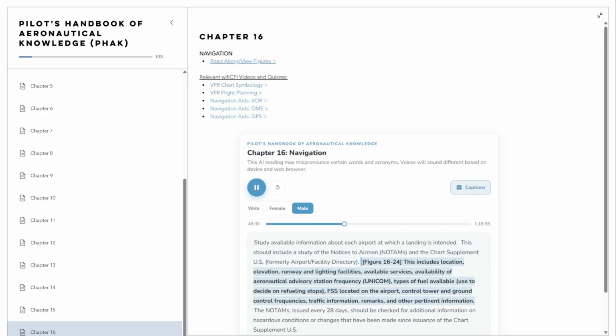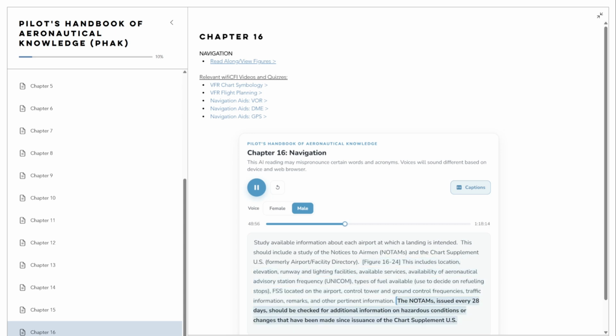This includes location, elevation, runway and lighting facilities, available services, availability of Aeronautical Advisory Station frequency, UNICOM, types of fuel available, used to decide on refueling stops, FSS located on the airport, control tower and ground control frequencies, traffic information, remarks, and other pertinent information.